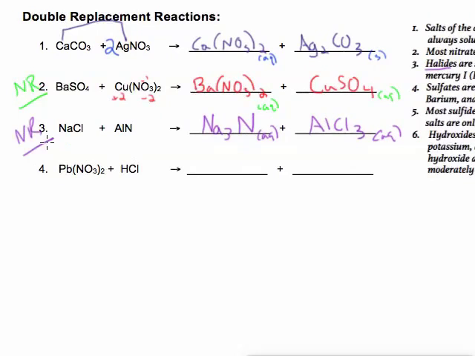Let's look at one more example. Our lead and our hydrogen are going to change place. We need to know the charge on lead because nitrate is -1 and there are 2. Then we have lead 2. So we have lead 2 chloride, PbCl2, and hydrogen and nitrate make nitric acid.